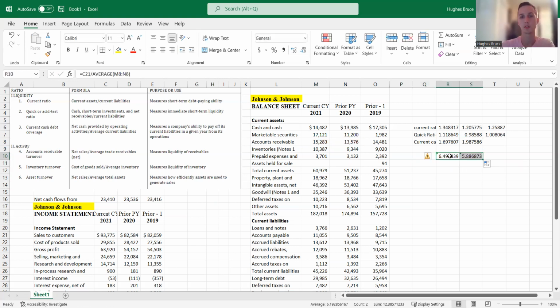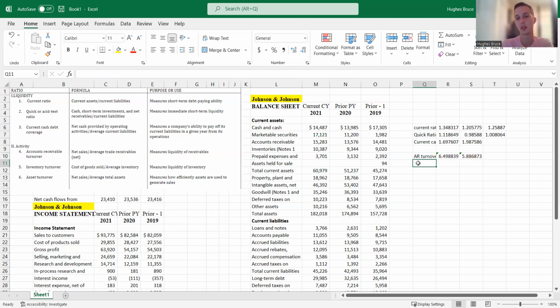And so we can see that for 2021, the accounts receivable turnover is 6.49. For 2020, it's 5.88, and we can't do 2019 because we don't have 2018's numbers. And so this tells us that for a given year, the company turns over its accounts receivable 6.49 times.